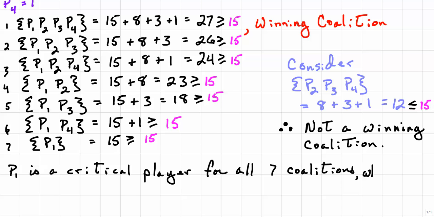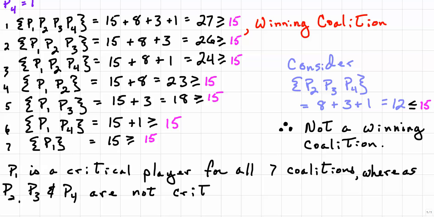Whereas P sub 2, P sub 3, and P sub 4 are not critical to success.